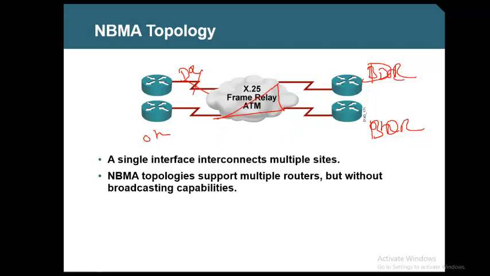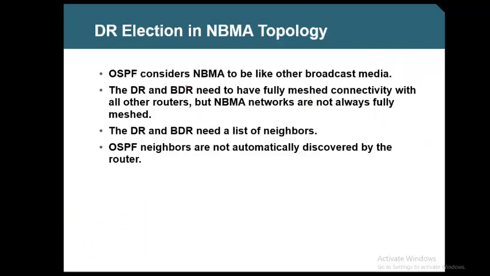If it is full mesh, the DR-BDR is needed to have full mesh connectivity with all other routers. But NBMA networks are not always full mesh because it is costly.